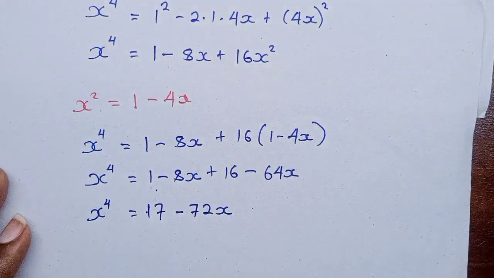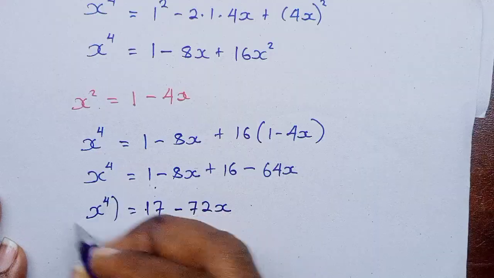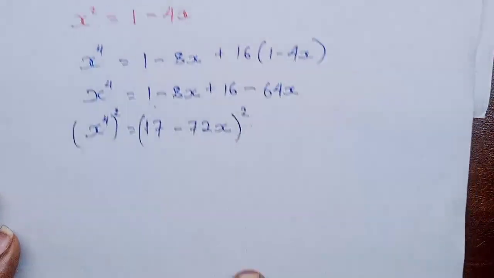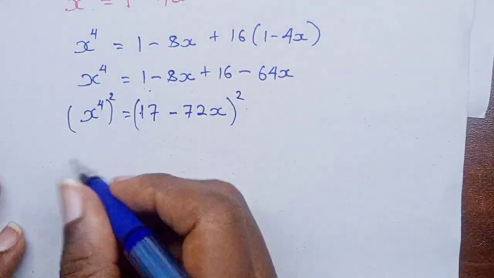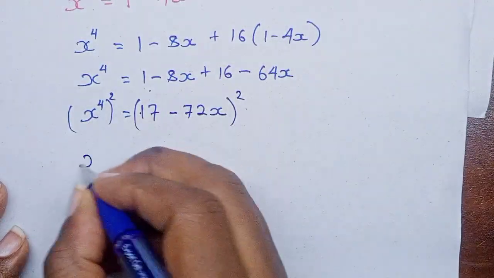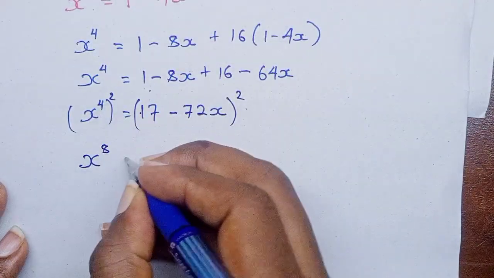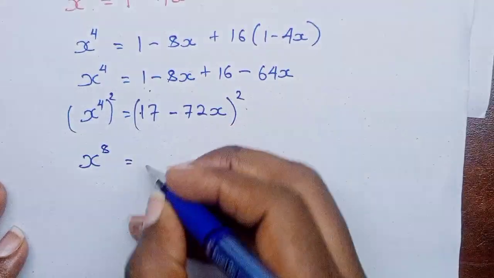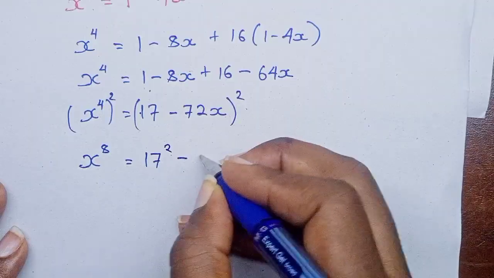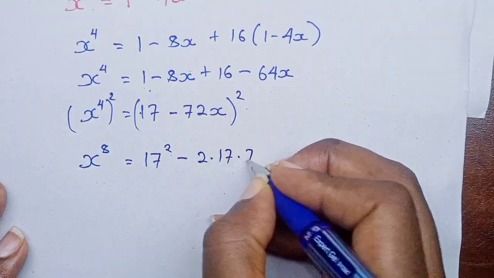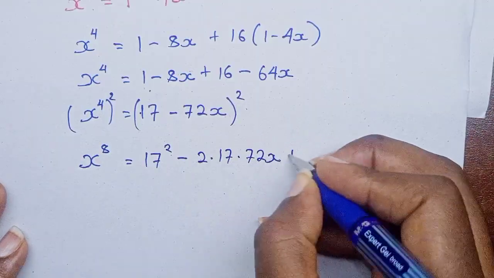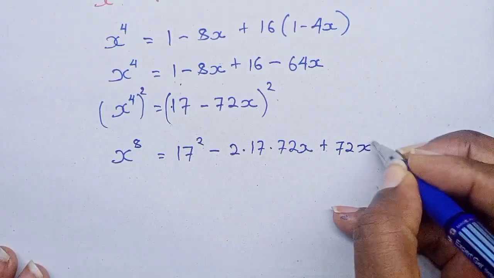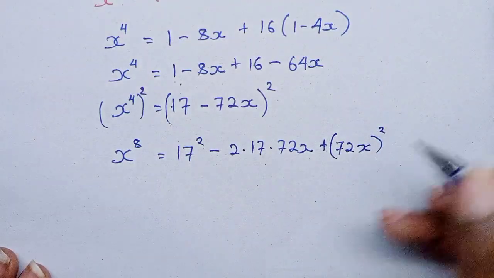Now let's square both sides again. Square this side and also square this side. So this will become x to the power 4 times 2, which is 8. X to the power 8 being equal to, when you expand this, 17 squared minus 2 times 17 times 72x plus 72x squared.